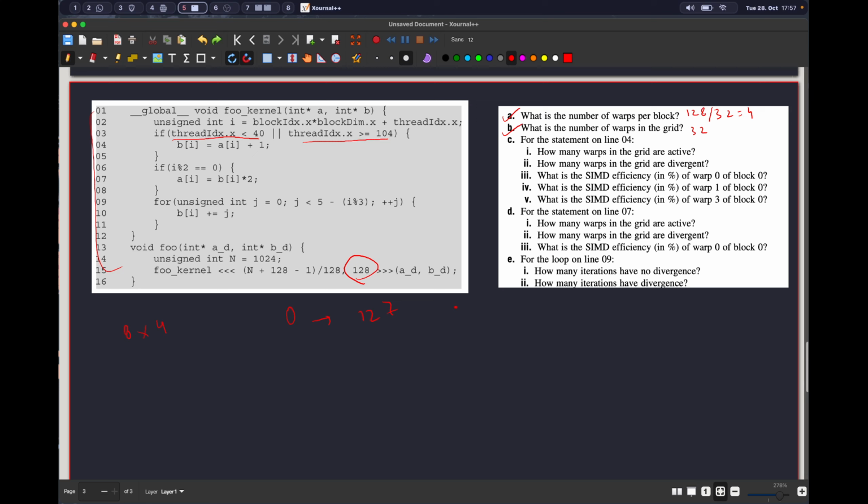Let's do it like this. Warp 0, calculating at a block level, will be 0 to 31. It will be active. Warp 1, 32 to 63, satisfies the condition of less than 40, so it will be active, but it will show divergence.